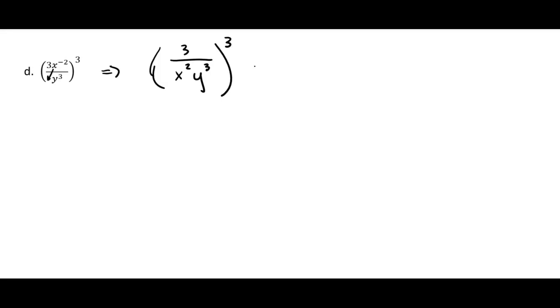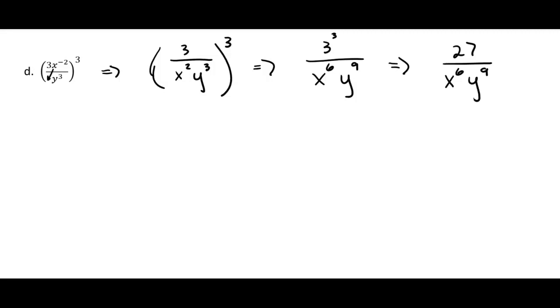Okay, so that's going to be 3 cubed in the numerator, x to the 6th, and y to the 9th. Well, 3 times 3 times 3 is 27, over x to the 6th, y to the 9th. And that's going to be the answer.